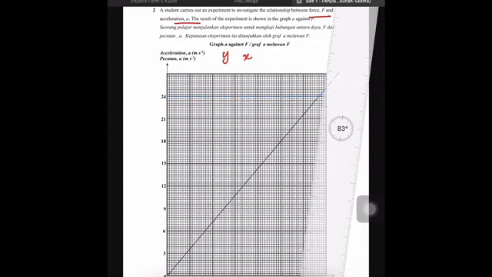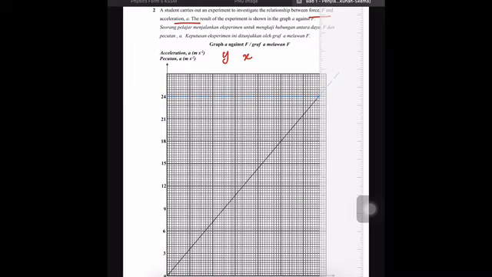Then you are going to draw the dotted line. 24, use dotted line. Then what you need to do? You get the exact place.